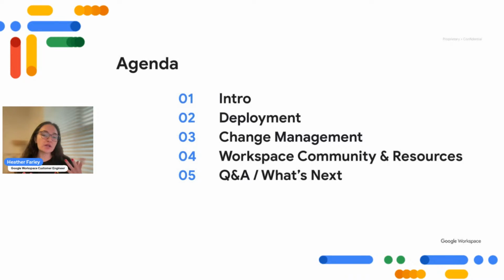So we'll be going through what technical specializations you should be having for your organization as you look to deploy Gemini for Google Workspace, as well as going through some labs. Then I'll pass it off to my colleagues to talk about change management, the Workspace community and resources. And then, of course, my favorite part, we'll have time for Q&A.